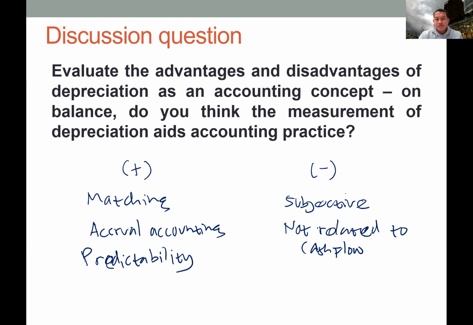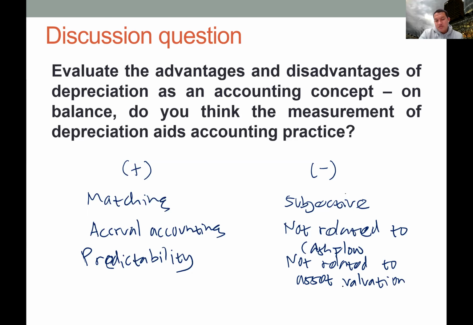They might need to evaluate the value of the asset, and they won't be able to use depreciation expense as one of the considerations when making the prediction or the valuation of the asset. So it's not really helpful for asset valuation. This is some of the limitation of this concept.